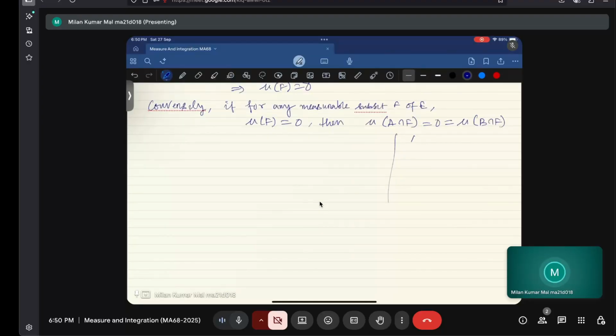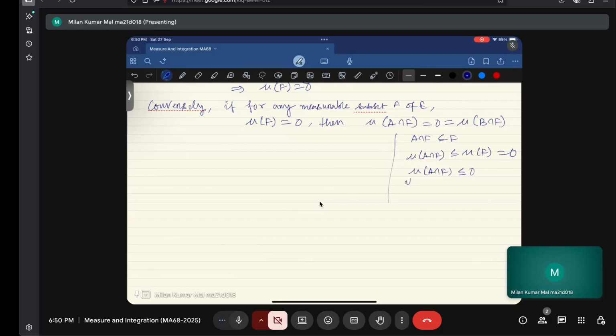So here clearly A intersection F is a subset of F. Now mu of A intersection F will be less than or equal to mu of F, that is equal to 0. Now the condition is that mu of A intersection F is less than or equal to 0.